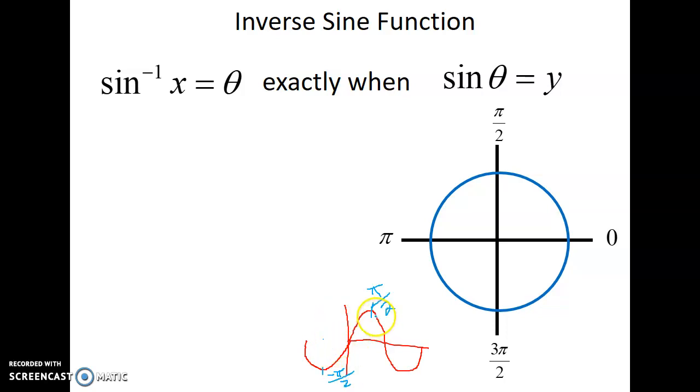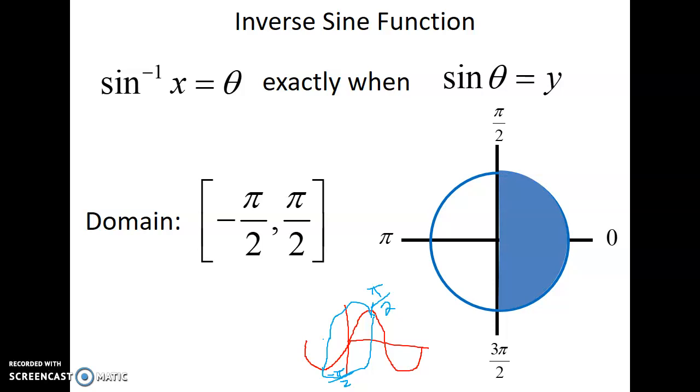So we're looking at this section of the graph. That makes sense now when we look at our unit circle. We're looking from negative pi over 2 to positive pi over 2, which is just the right-hand side of the unit circle. Again, notice that the domain is in brackets. You can use the values at negative pi over 2 and positive pi over 2, just like you could use 0 and pi for inverse cosine.